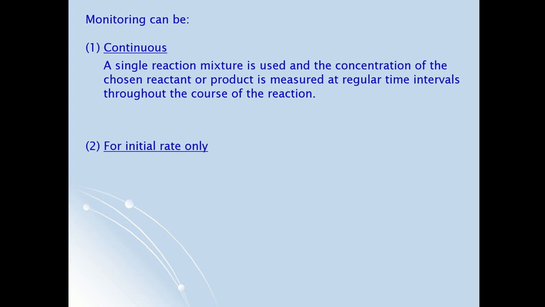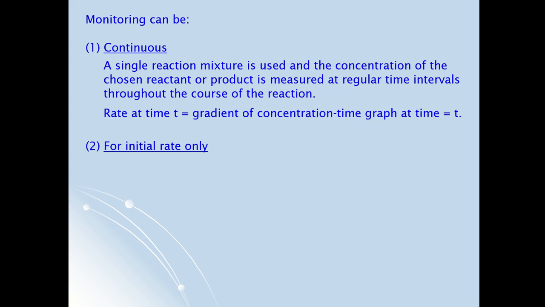You will measure at regular intervals the change in the concentration of that particular reactant or product throughout the experiment. So it's just basically one experiment, and you let it run, and as it runs, you measure the change in concentration of reactant or product as that experiment happens.